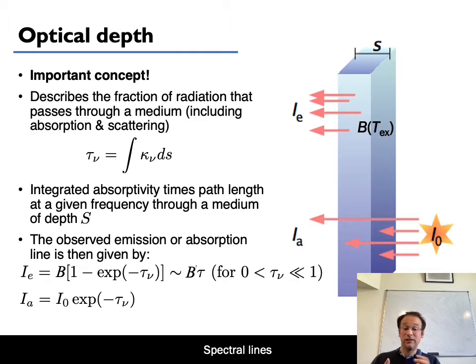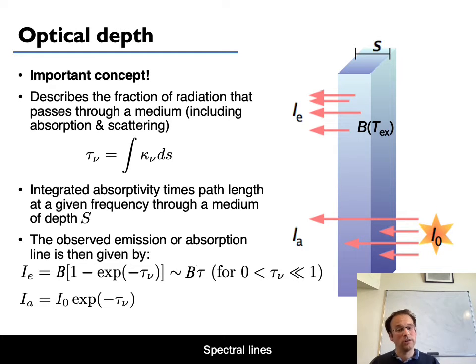If you integrate that over the thickness of the medium, you get the optical depth, which is effectively a measure of how much the incident radiation is absorbed or scattered.